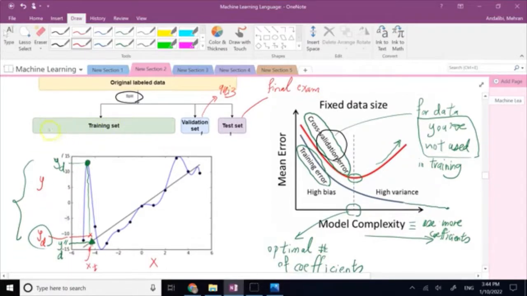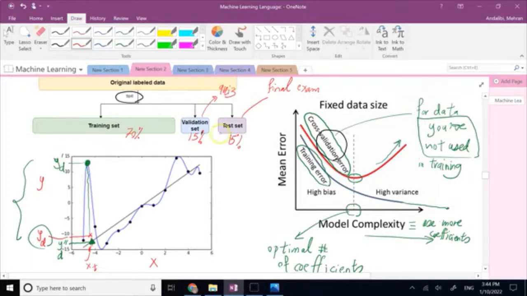And you might wonder, what percentage of my data should I split to these 3 bins? There is no exact number that I can tell you. One of the common things they mention is like 70% to the training and then 15% on the validation and 15% on the test. Some people use more data toward training, they say 80 or 90%.